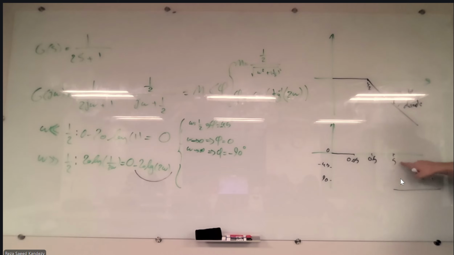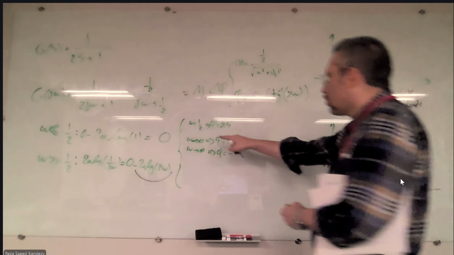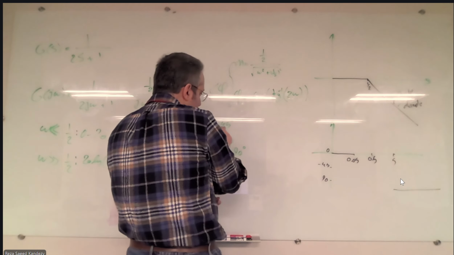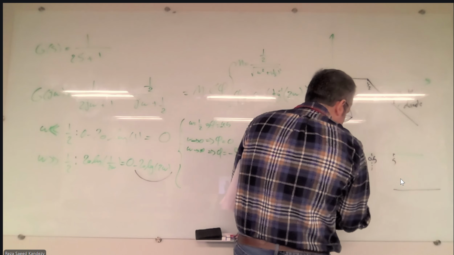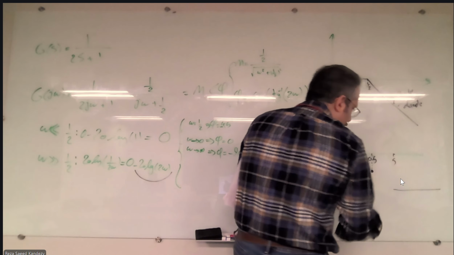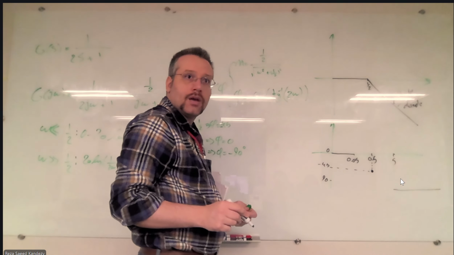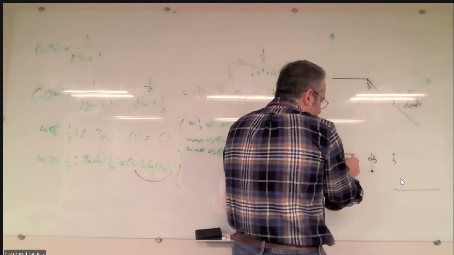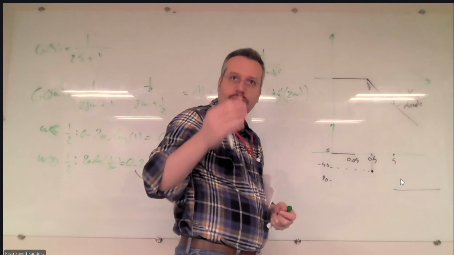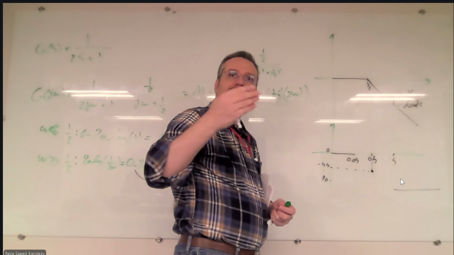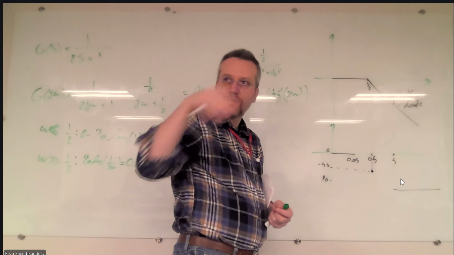Make sense? Now, we know that omega equal to 1 over 2 is minus 45. So at this specific point, we are here. Now, the change between the decade before and the decade after, we consider as a line. As we said, we are going to use asymptotic lines, which are the approximation of the behavior.